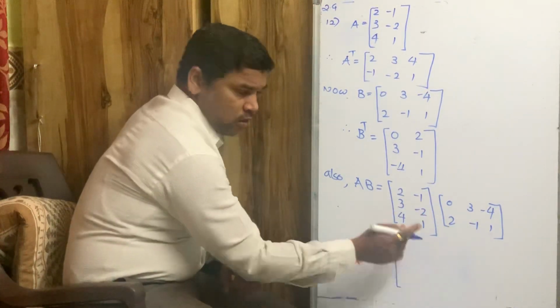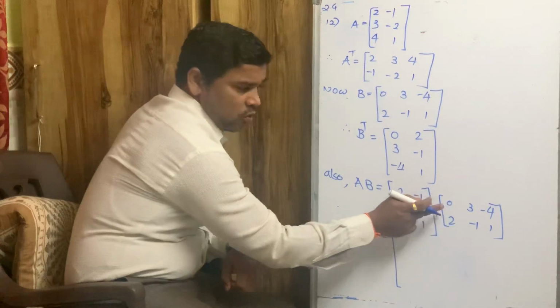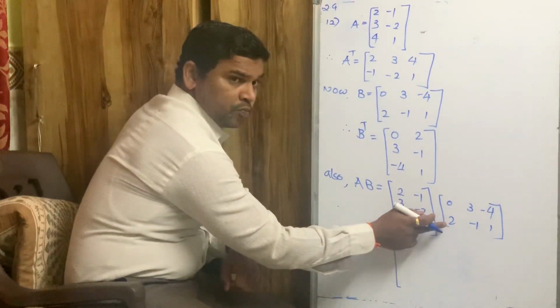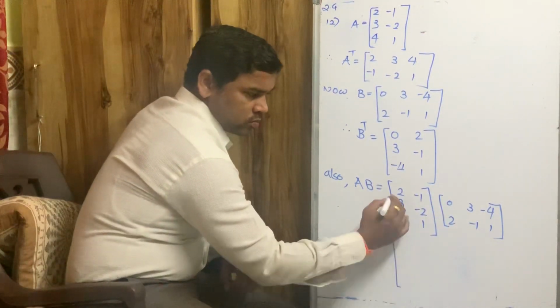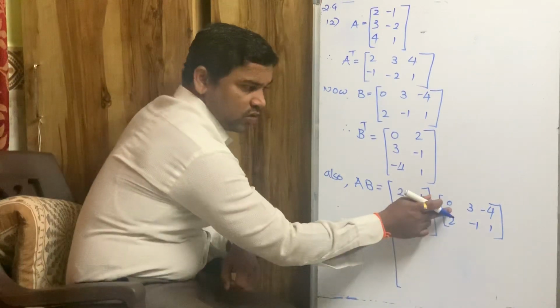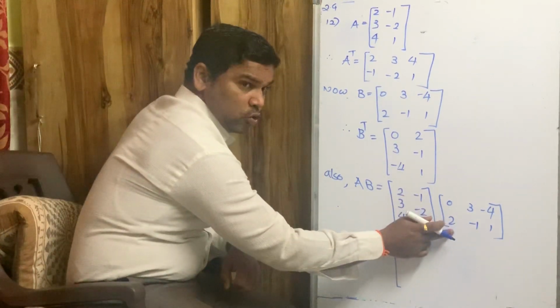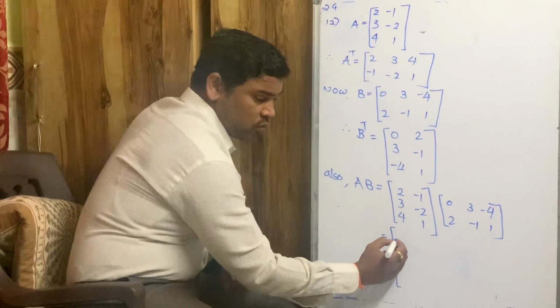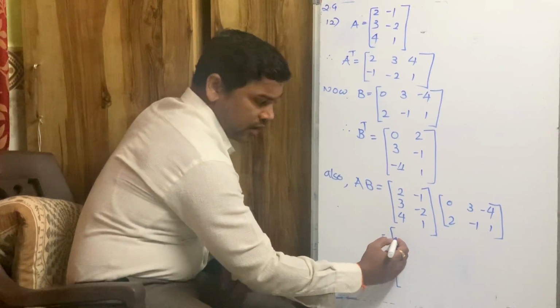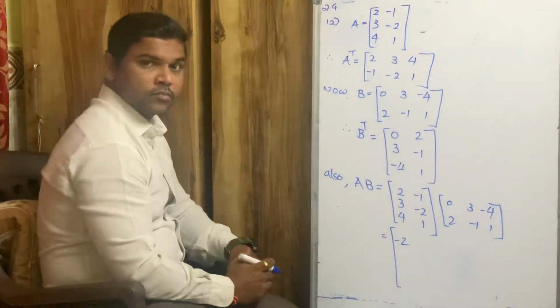First row, first column: 2 into 0 is 0, minus 1 into 2 is minus 2, so 0 minus 2, I can write directly minus 2. Are you getting it?